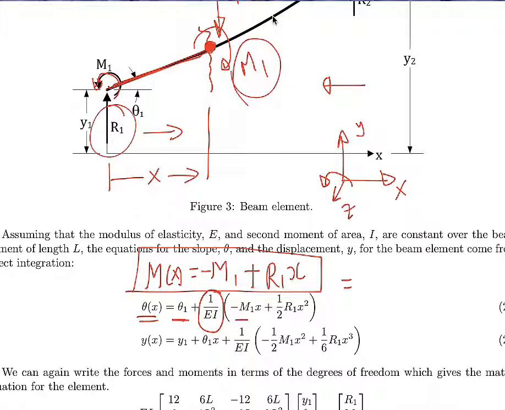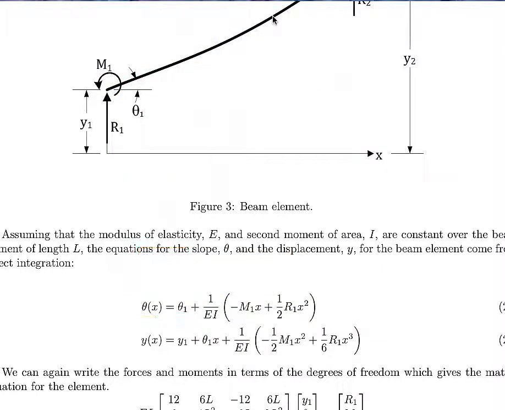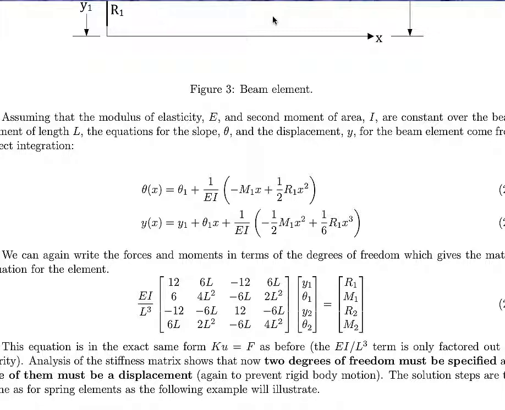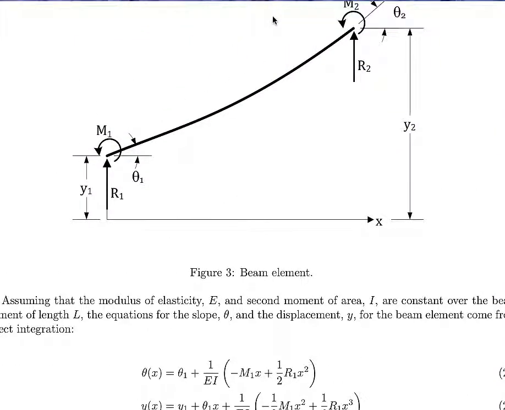And note that this is equal to E times I times Y double prime. So you integrate it once like we did in the course, you get equation 22. You integrate it twice, you get equation 23. And if you look at them, these two equations are actually applicable all the way from x equals 0 to x equals L. L is the length of the beam element, along the x direction here.